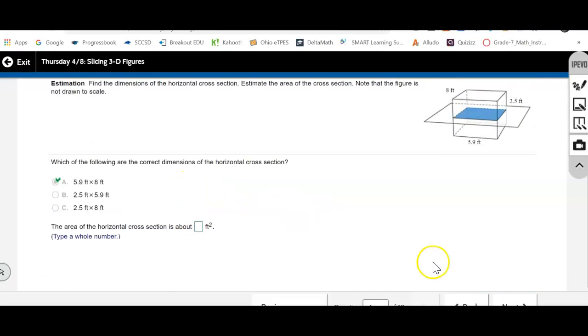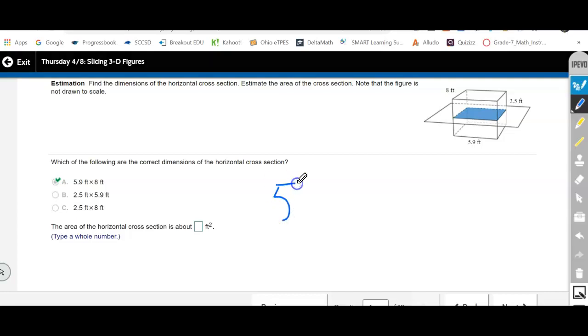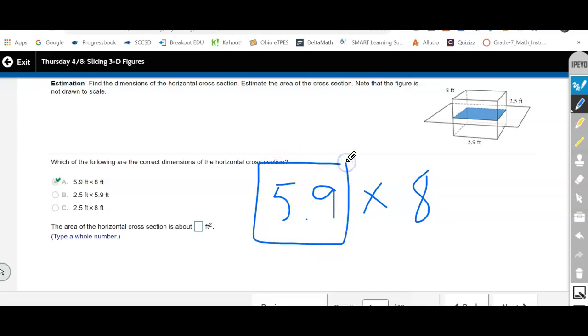So they wanted us to round, but they want us to round before we multiply. Does it say anywhere on there to round before you multiply? No. That's why I'm telling you right now. So we're going to take the 5.9, round that to 6, and then multiply. 6 times 8 is, so then my answer would be 48. Okay? Does that make sense? Yeah.